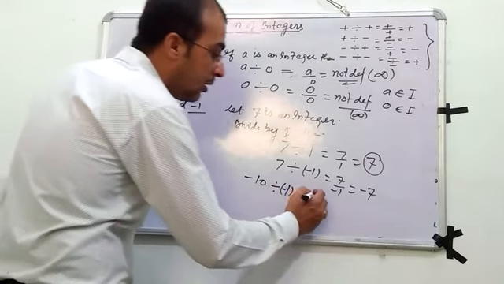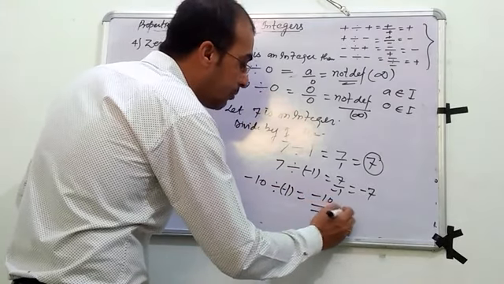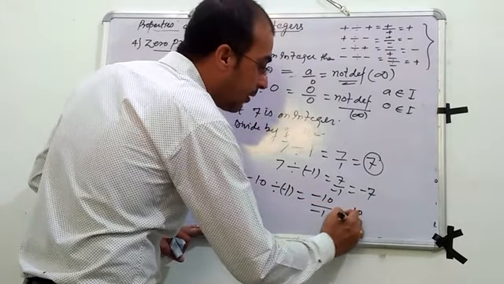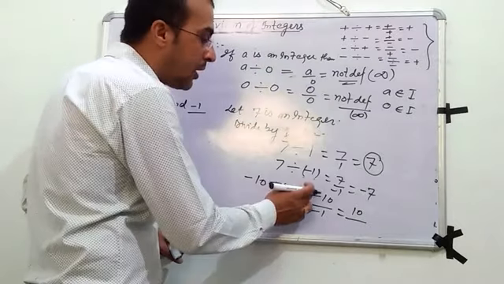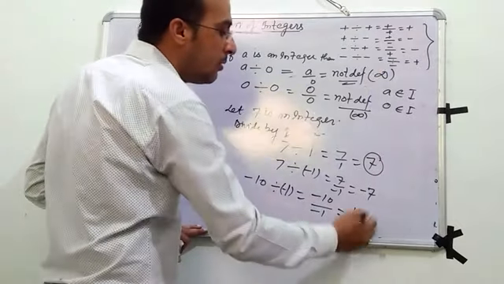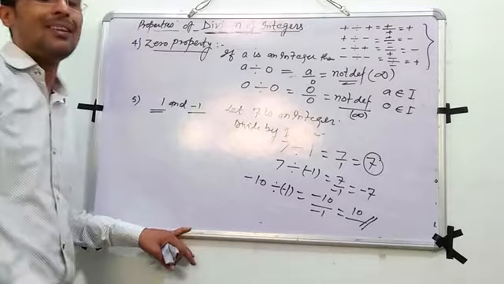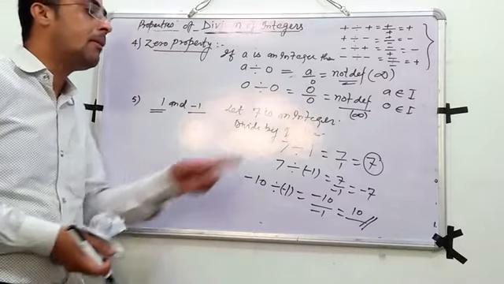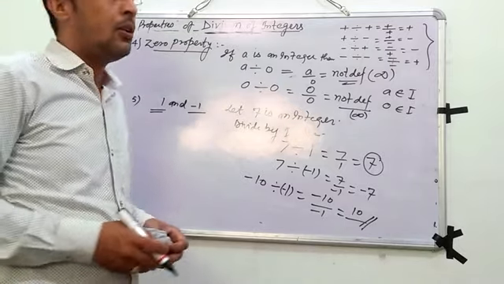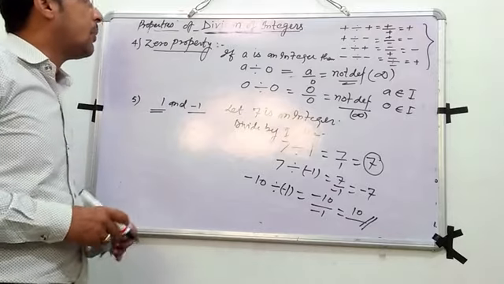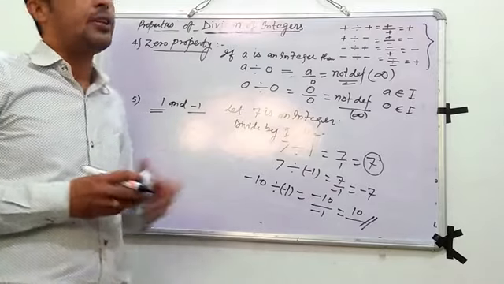Then we will get 10. Why? Because minus and minus is always plus. The sign changes when you divide by minus. Is it clear? So these are the properties of division of integers.